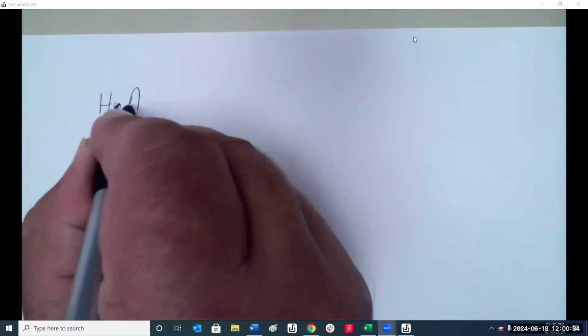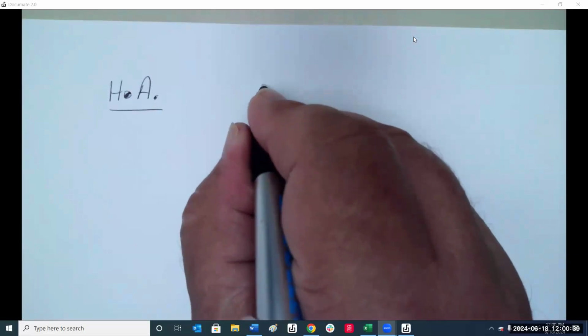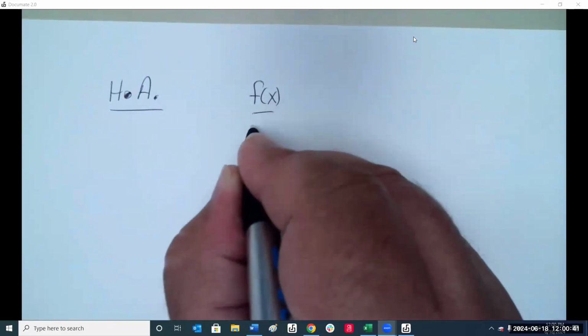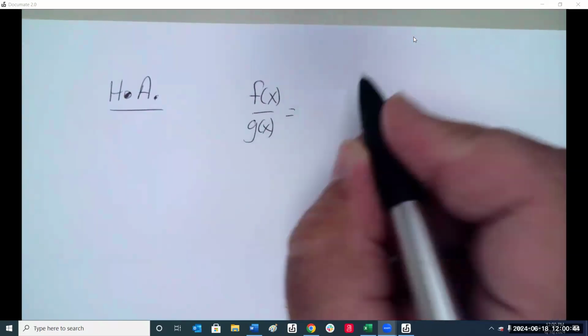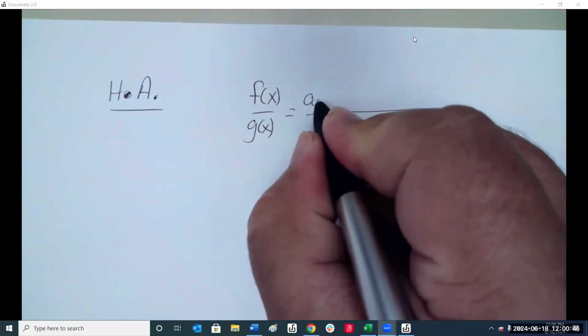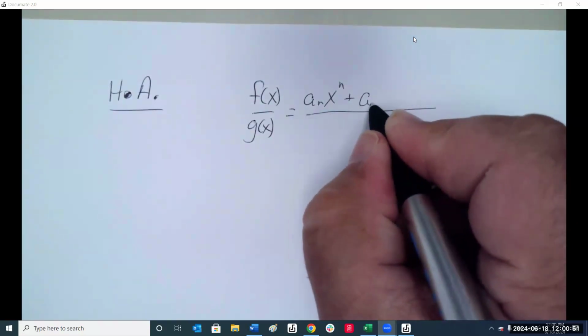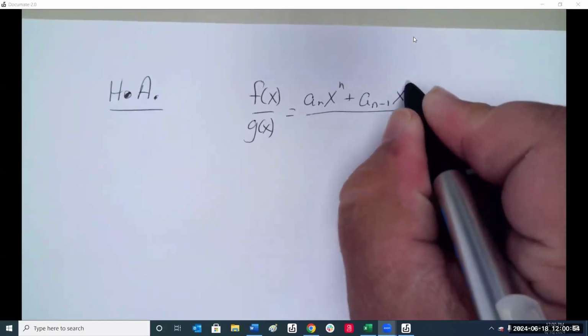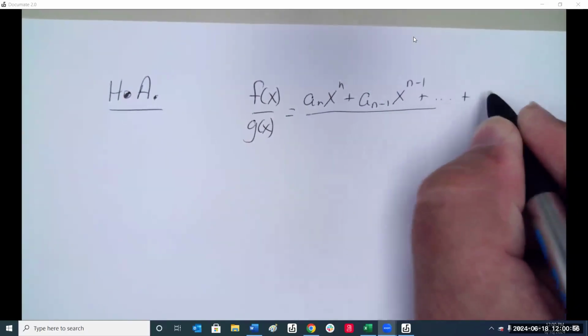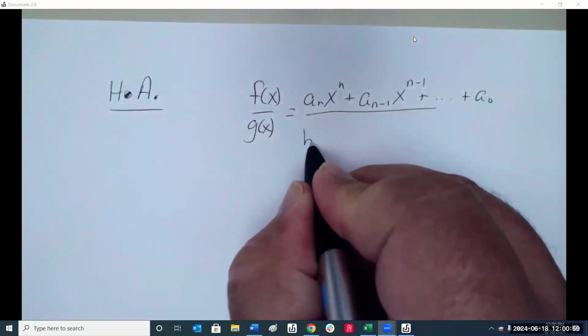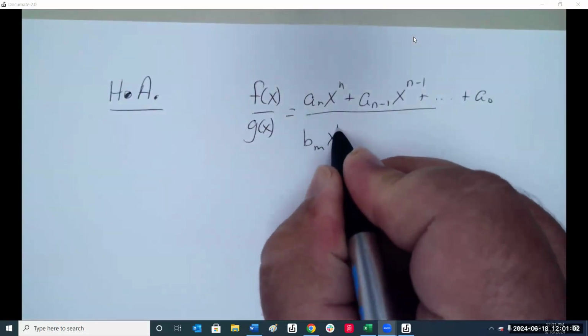So from algebra, I call it HA, horizontal asymptote. Remember, they're always dependent on the functions themselves. They could be any size polynomial. And on the bottom, I have BM.